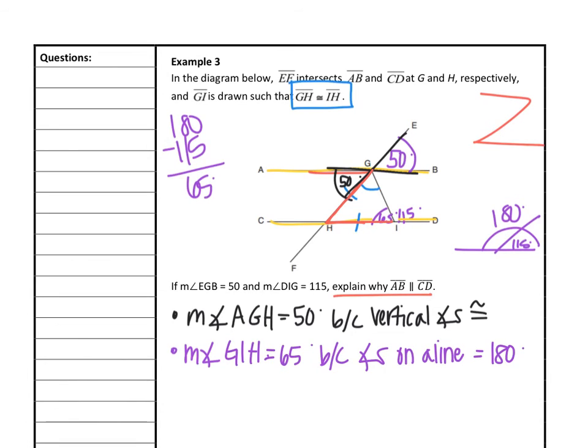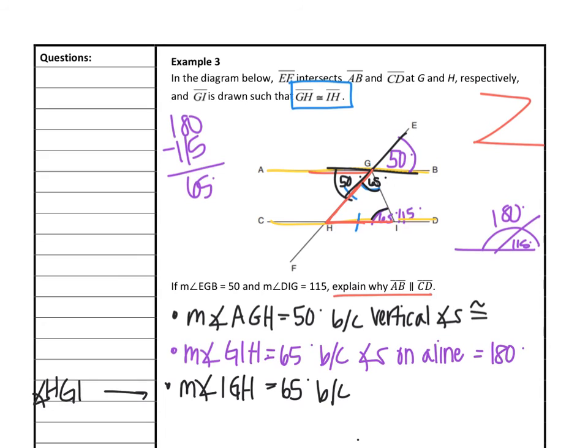Okay, from there, remember that we had an isosceles triangle here. The isosceles triangle has 2 congruent angles, so if one of them is 65, then the other one must be 65. Measure of angle. Go ahead and try to name it with 3 letters. Maybe you said IGH, or if you said HGI, that would also be acceptable.